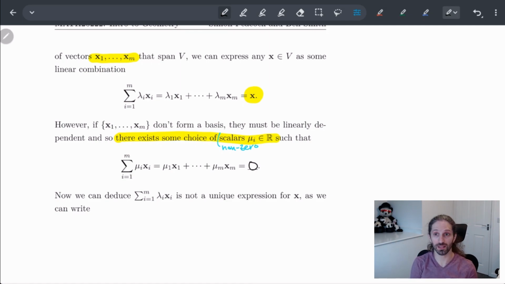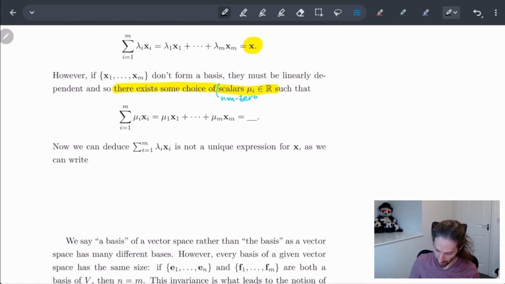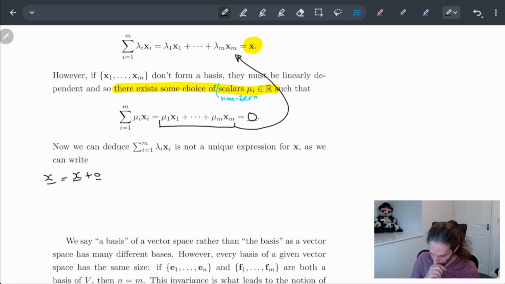Well, what this means is, since this is just equal to 0, I can just take this and add it to that. Think of it this way: x plus 0 is just x, so this doesn't really change on the left-hand side. But here, x is lambda 1 x1, all the way up to lambda m xm. The 0 is precisely what we had before.